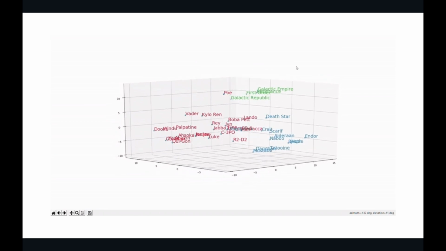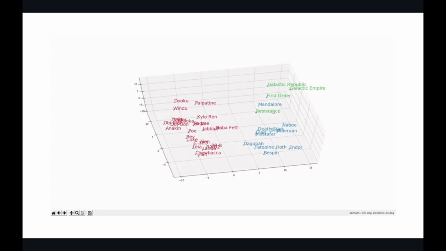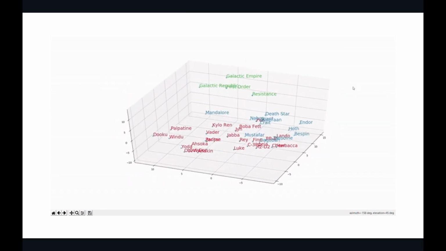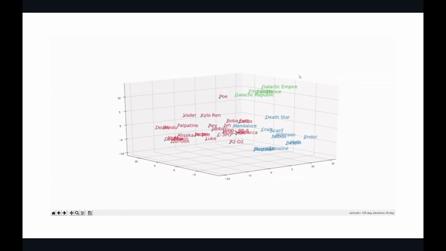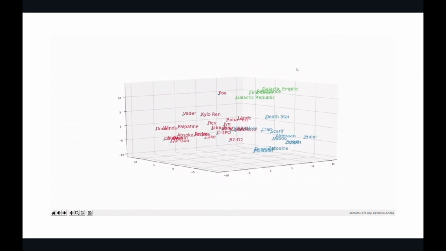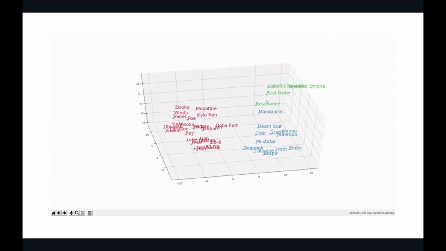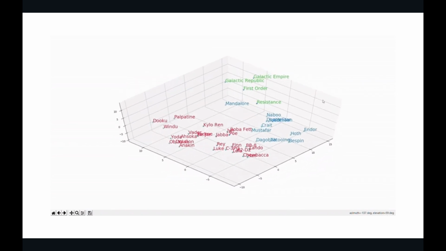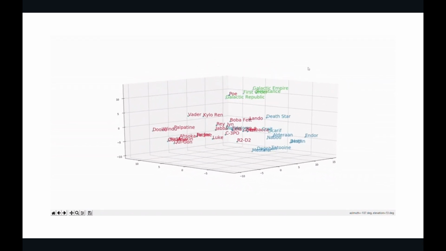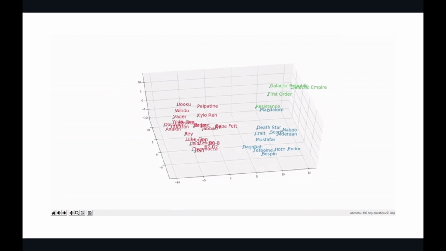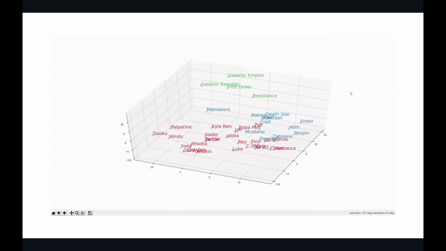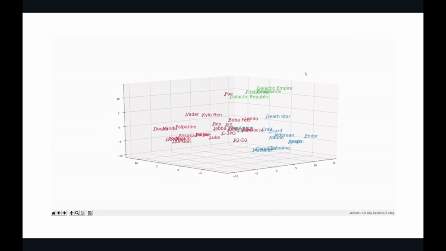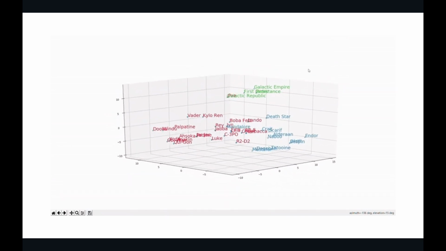So here is a video where we can see the embeddings being represented in space. For visual understanding, this is a good example. So in 3D space, you can see similar words are being placed together and dissimilar words are being placed further away from each other.